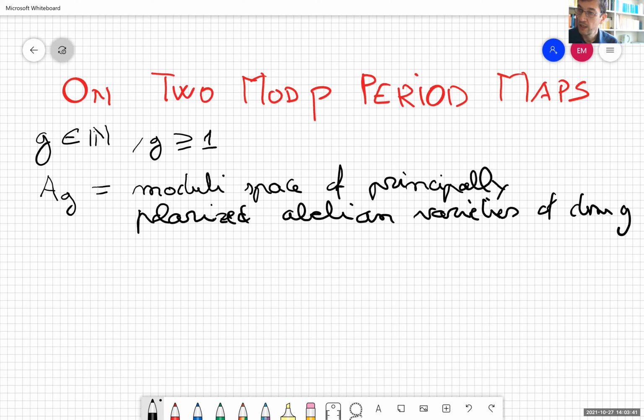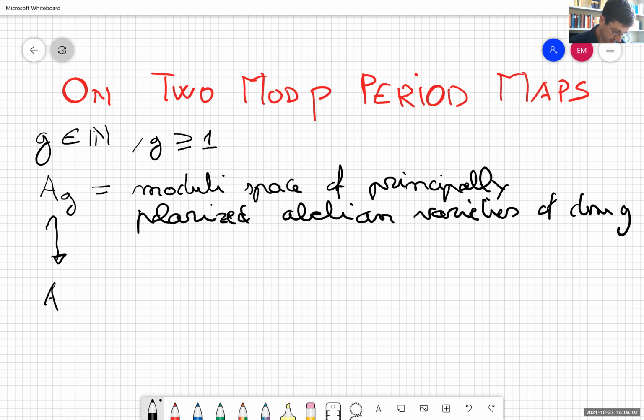And already in the case g equal 1, so the case of modular curves, is interesting enough. So if you want, just think about modular curves, okay? And actually, you know that for modular curves, you have the open modular curve, then you can add the cusps to make the modular curve proper, projective.